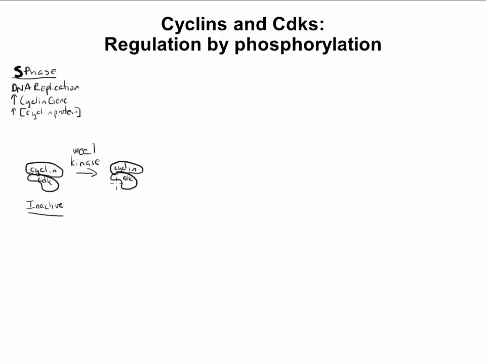So here's our cyclin CDK complex. Wee1 adds a phosphate group in the active site of the CDK enzyme. And that is actually not the correct phosphorylation pattern. So this still remains inactive, right? This phosphate is sitting in the active site, preventing the CDK enzyme from being able to catalyze its reaction.